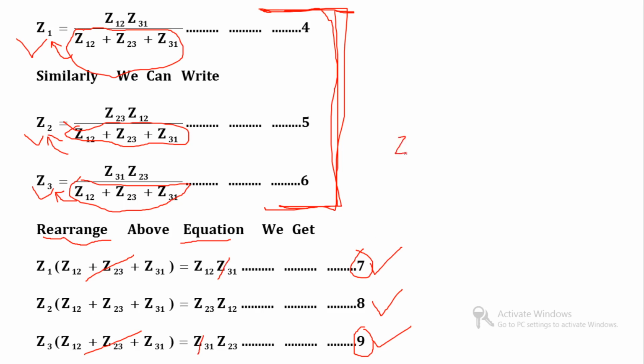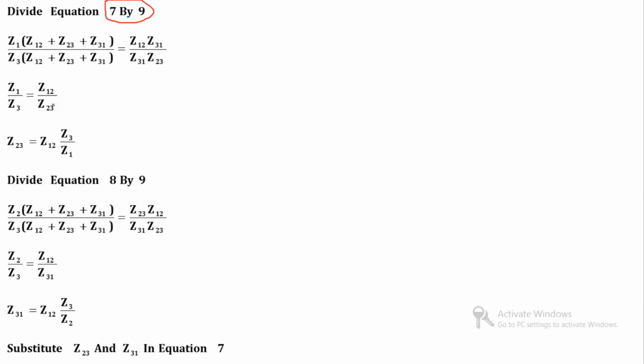So 7 by 9 gives you Z1 by Z3 is equal to Z12 by Z23. So this is the remaining term if you divide equation 7 by 9.